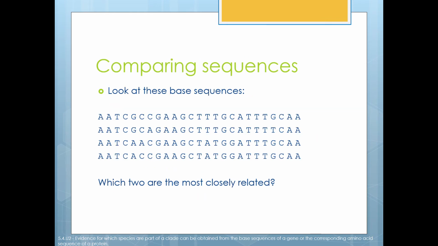Look here. Here we've got 4 different sequences of DNA. At first sight, they probably look more or less the same. If you take a closer look, you will start seeing differences between them. But if I ask you, which 2 of them are the most related to each other? Well, how to attack that?